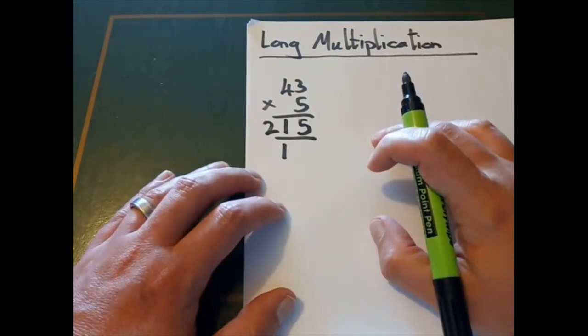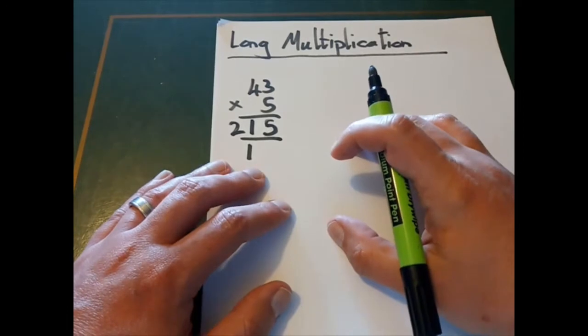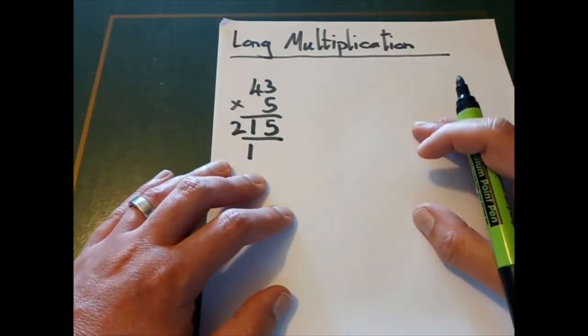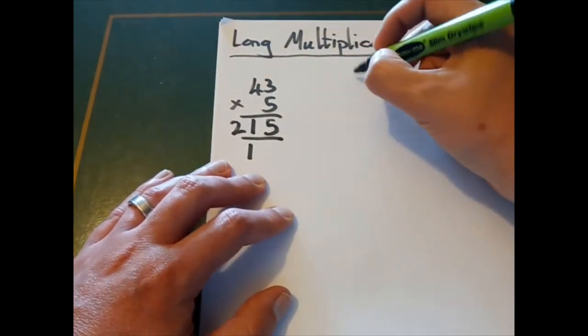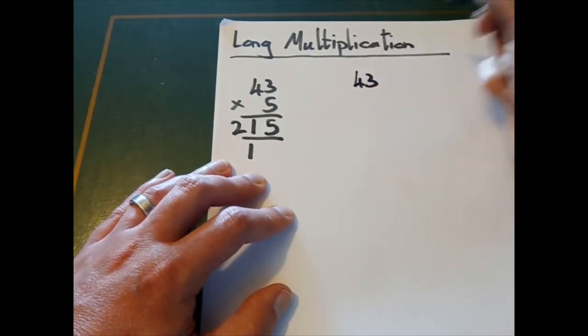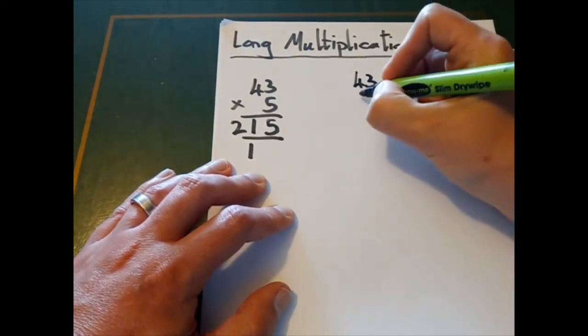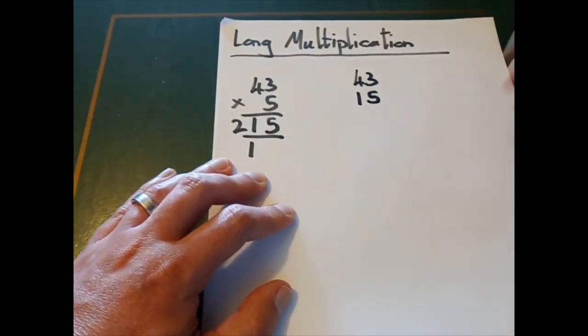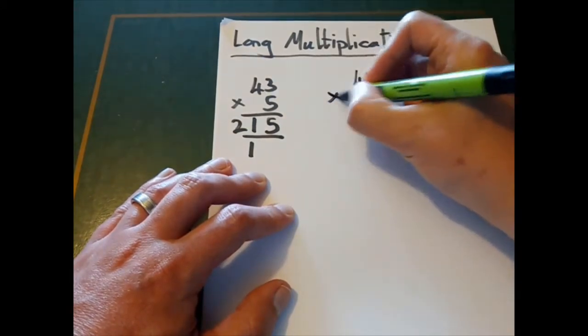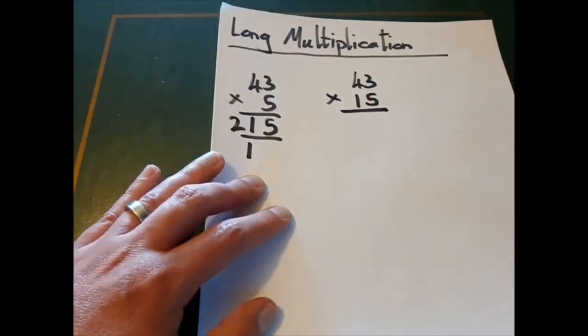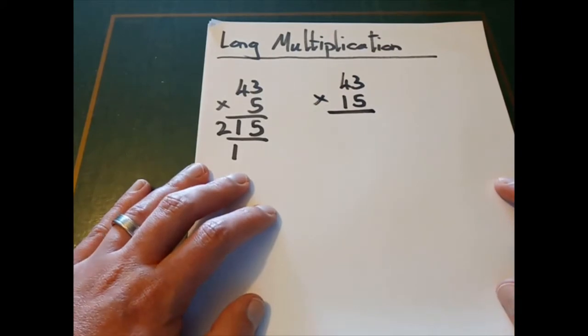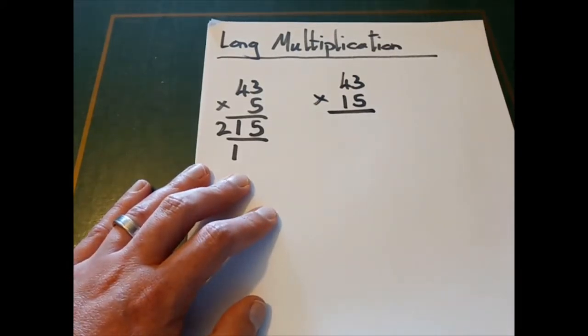Now, short multiplication, generally, most people are quite happy with. Doesn't seem to cause too much problem. Long multiplication allows us to do larger numbers. Let's stick with 43 on the top, but I will up this to 15. Now, this is where the long multiplication method is really straightforward and important to remember.